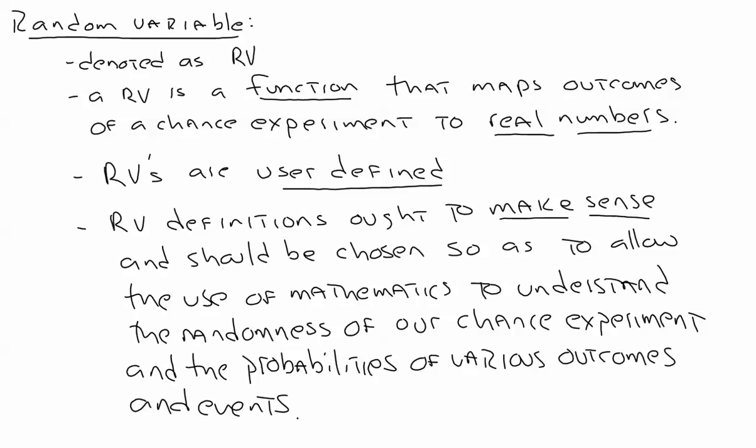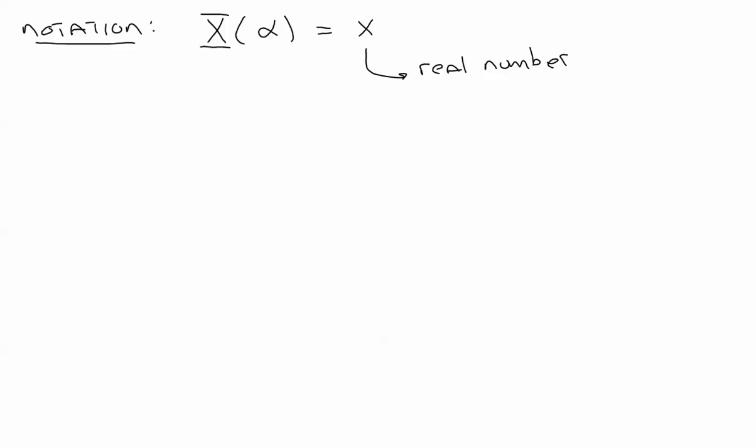All right. So, what's our typical notation? Our typical notation for a random variable looks something like this. This little x is the real number. Alpha, remember a lowercase Greek letter, is what I'm going to use to denote an outcome.